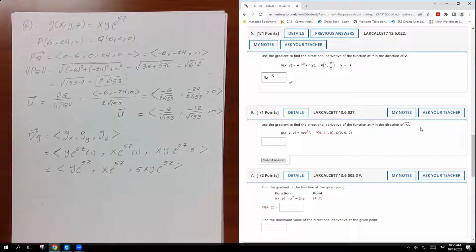Now we're going to plug in the point P, 6, 24, and 0.